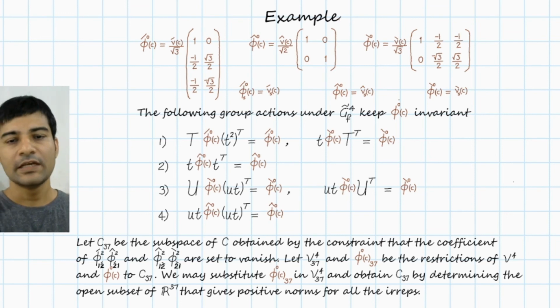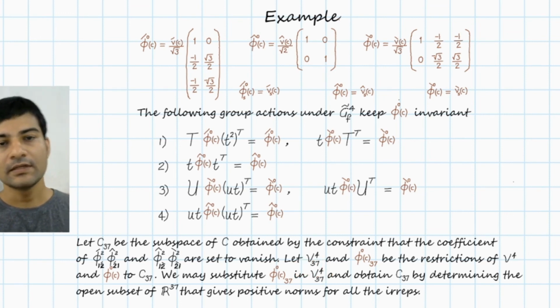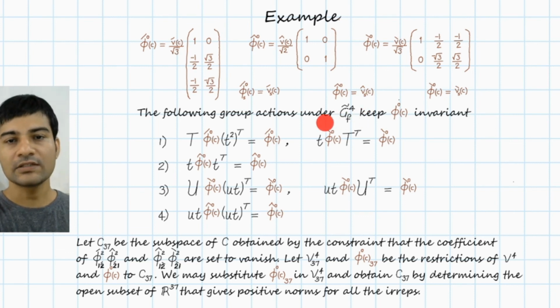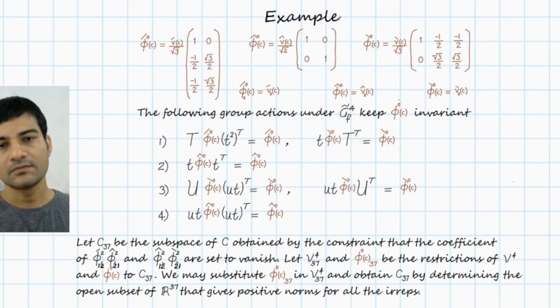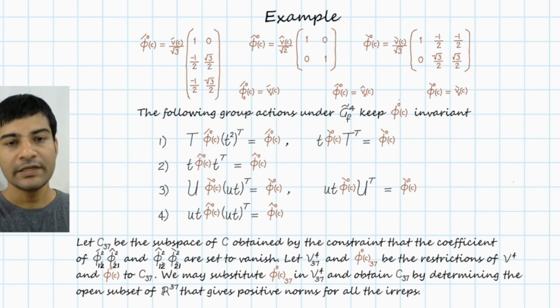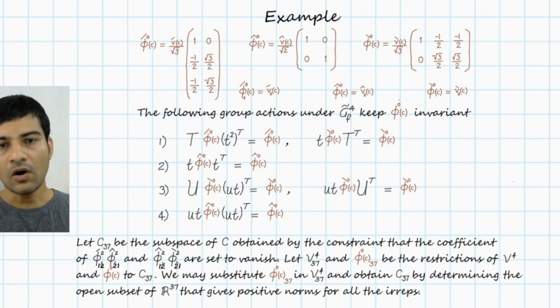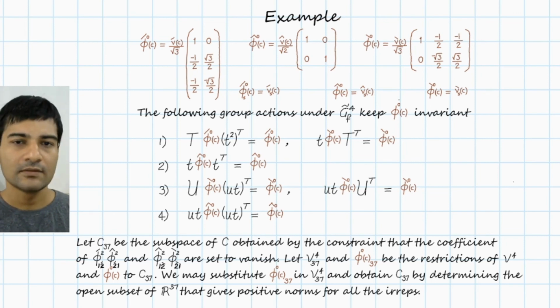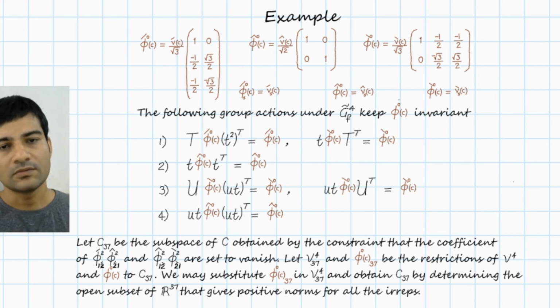That means V437 is the potential invariant under the larger group G tilde 4. And C37 includes all values of the coefficients where the normalized space can be meaningfully defined. That is, where the norms of these irreps, all of them are non-zero.